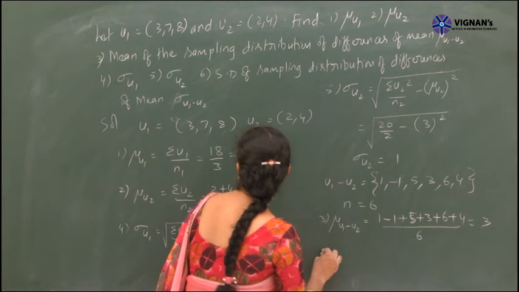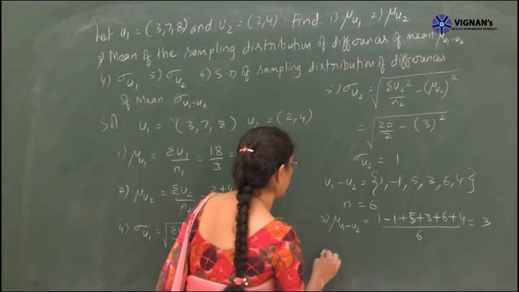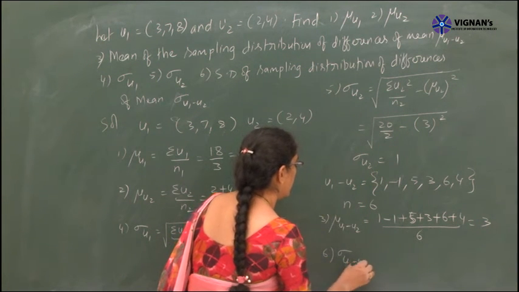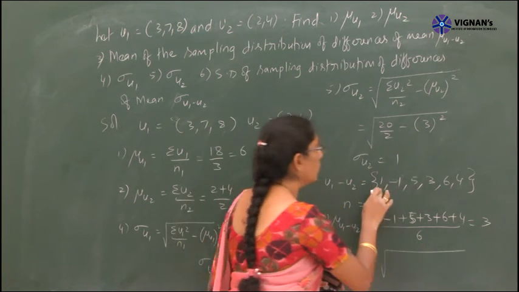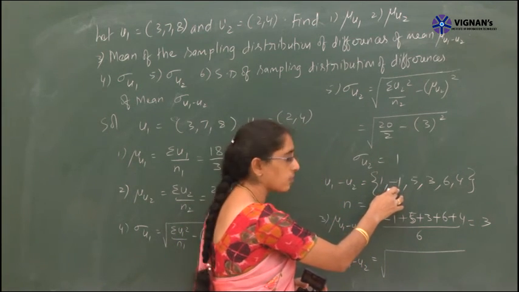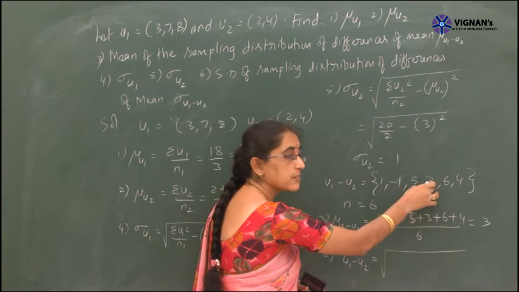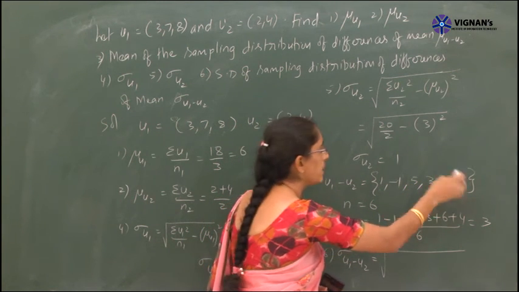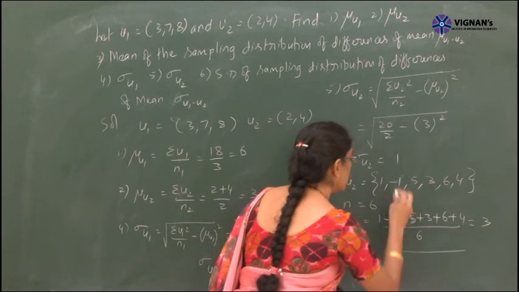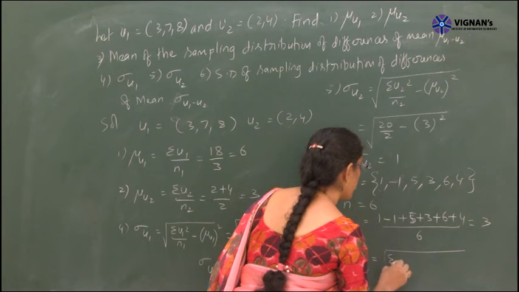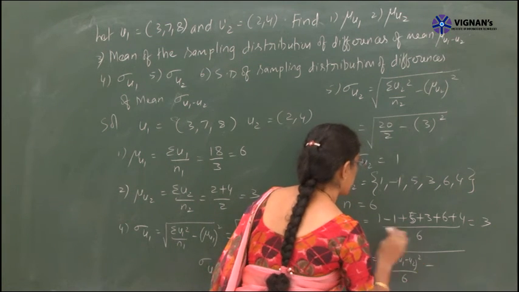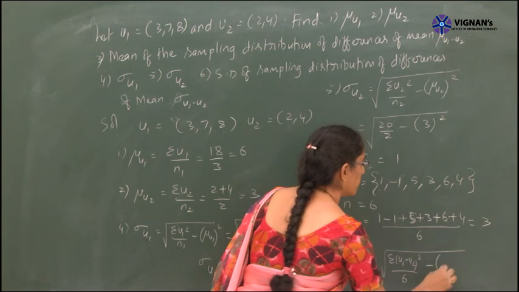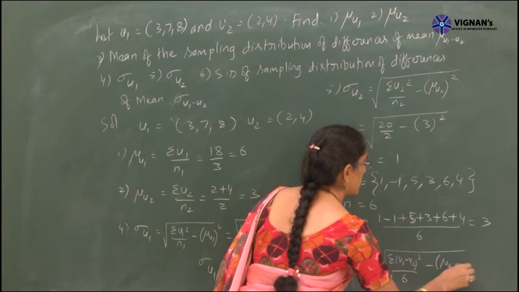Now the last bit we have to find is sigma U1 minus U2. That means square root of 1 square plus minus 1 square plus 5 square plus 3 square plus 6 square plus 4 square. Right? So summation of U1 minus U2 whole square by 6 minus mu U1 minus U2 square.